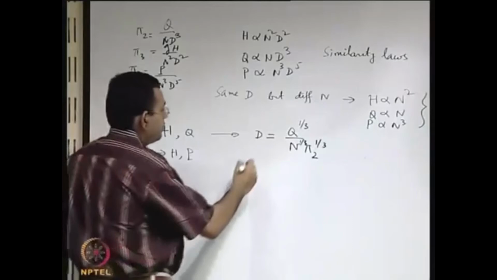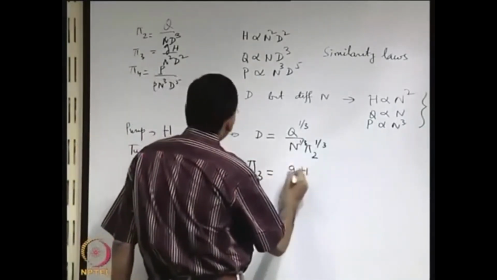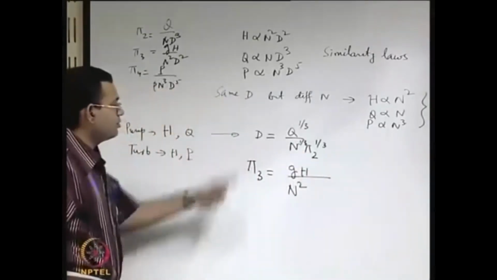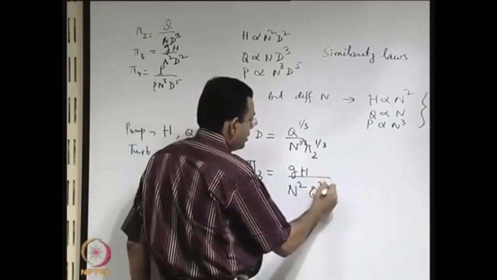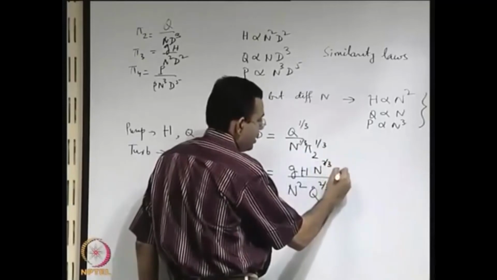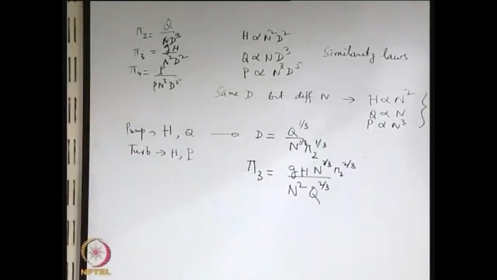Now, if you write pi 3, it is GH by N square D square. Now, D square is Q to the power 2 by 3, then N to the power minus 2 by 3, into pi 2 to the power 2 by 3. So, we have just eliminated D from this.